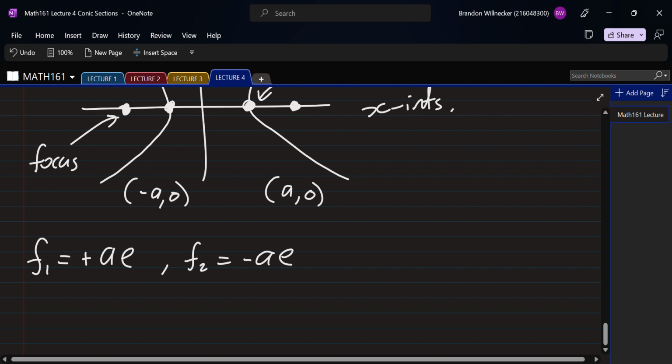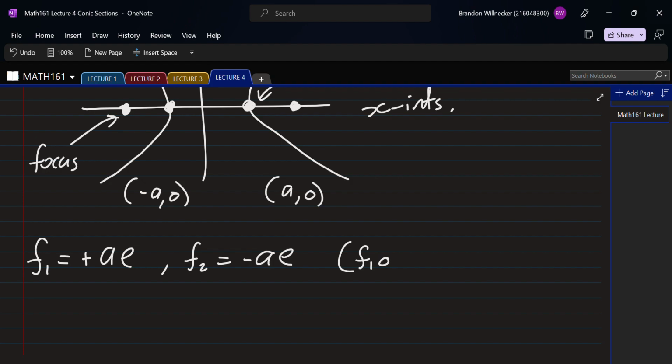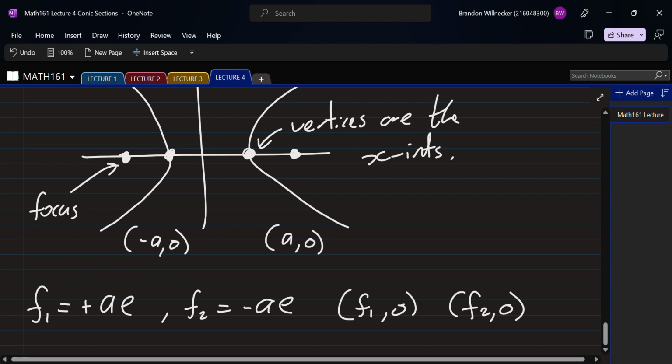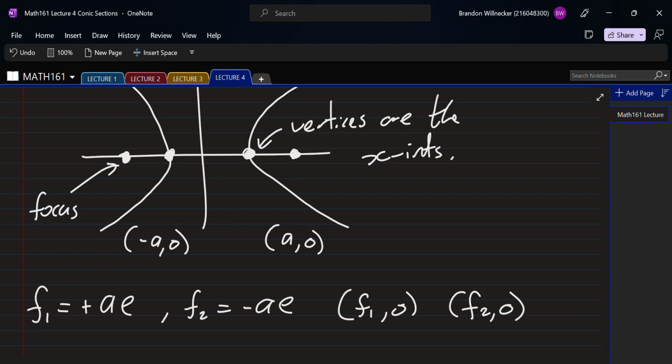These give us the two points, F1 and 0, and F2 and 0. Again, that is for the unshifted hyperbola. If the hyperbola was shifted, then these focal points will also be shifted, depending on how you shifted the hyperbola.